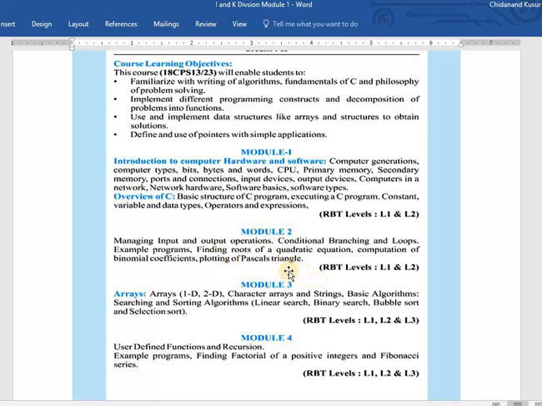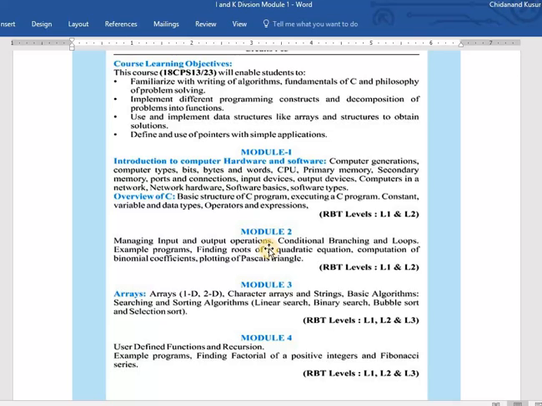That means the syllabus for the first internal will be module 1 as well as 50% of module 2. Otherwise, up to where I teach, that will be the syllabus for the first internal. The first internal will be conducted for 30 marks, with 10 marks for assignment. Okay, no problem.